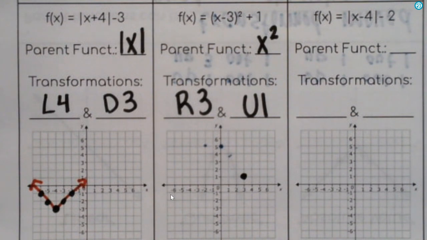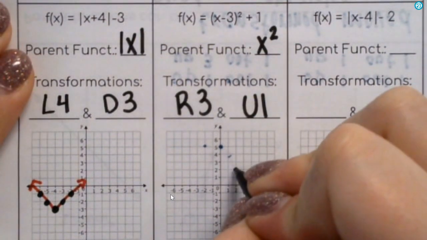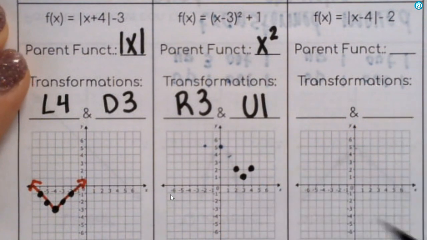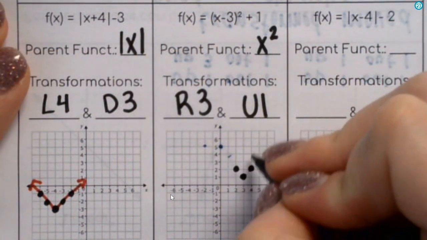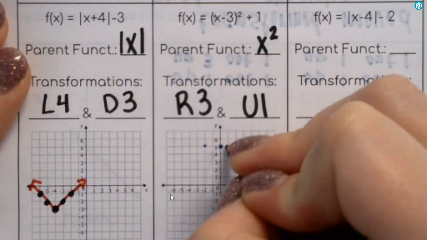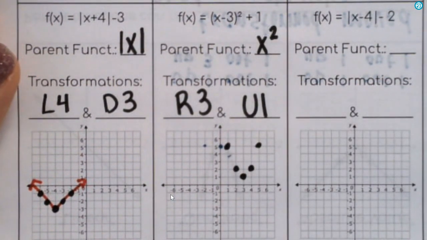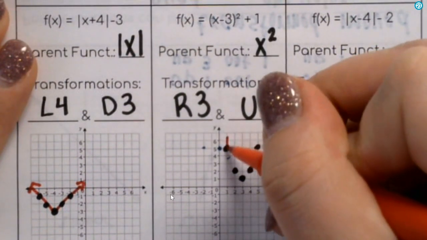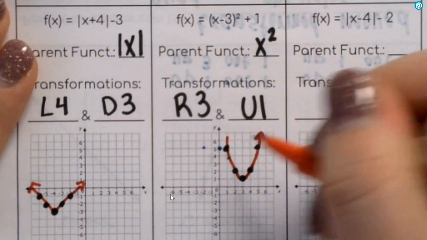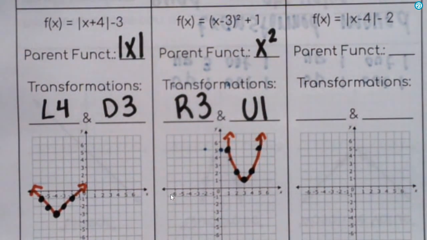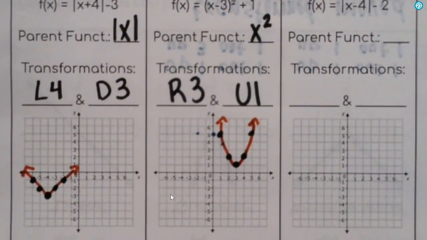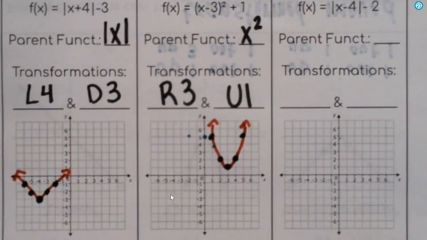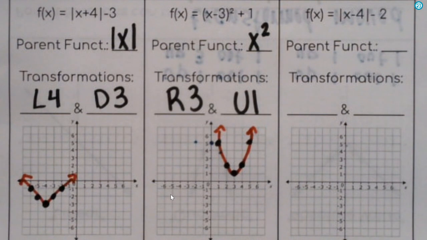I've got to make that U-shaped graph. It looks like this. We go up 1, out 1 on each side. And then up 3, out 1 from each of those. Okay. Any questions on that one?